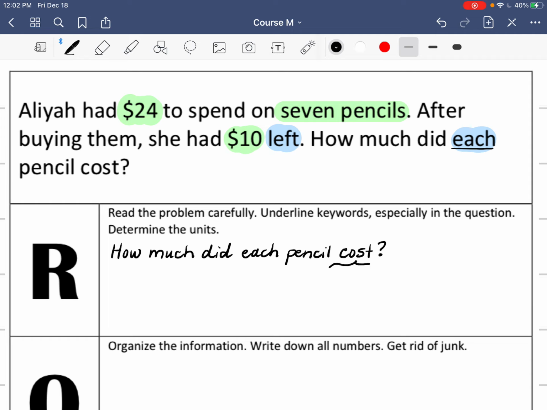So I am looking for a dollar amount. When I get to my answer, it should be in terms of dollars. I'm looking for the price of each pencil. So when I say determine the units, that's what I'm talking about. The units will be money.